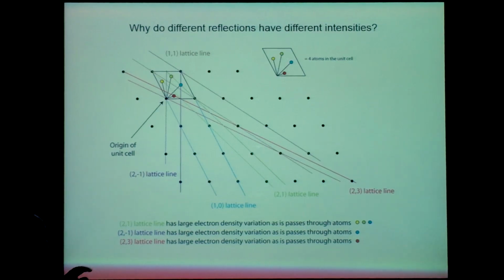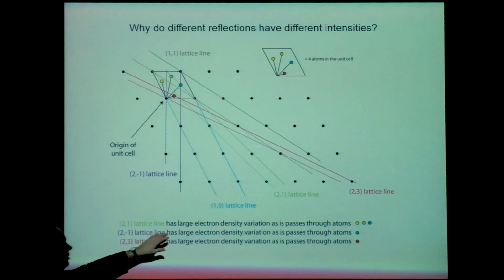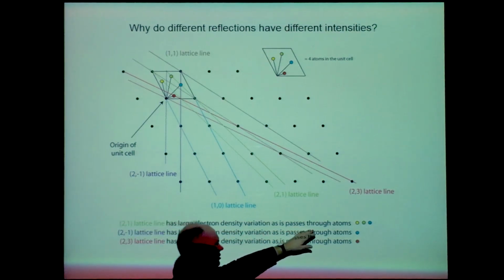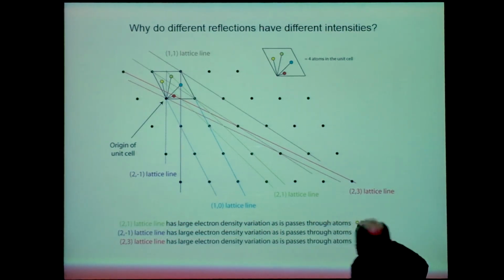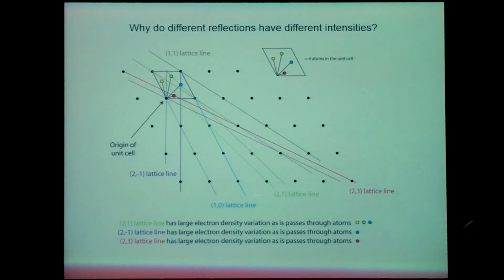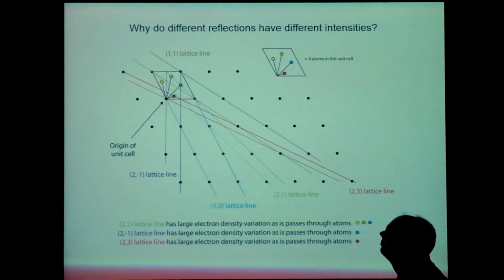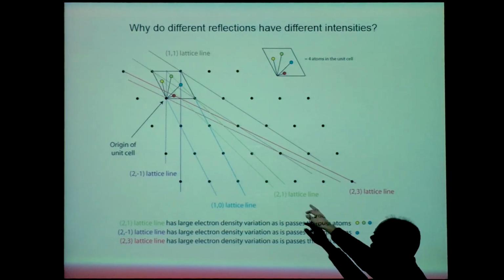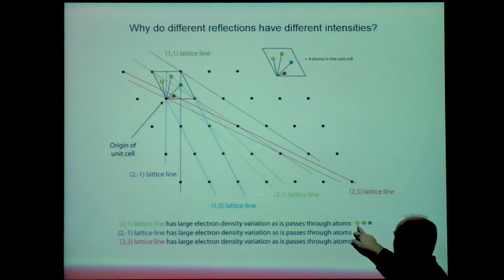It turns out that the 2, 1 lattice line has a large electron density variation as it passes through the atoms. I have a 4-atom molecule in that unit cell, and you can see that the 2, 1 line passes through yellow, green, and blue.